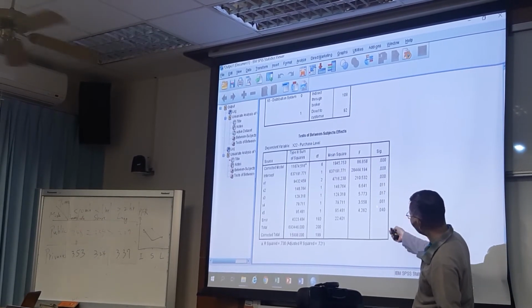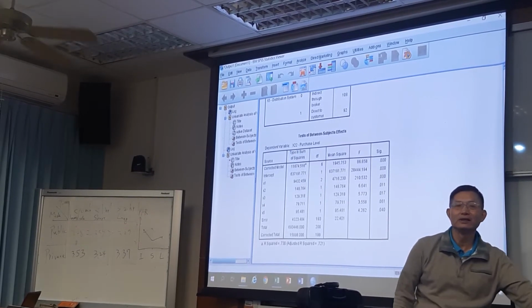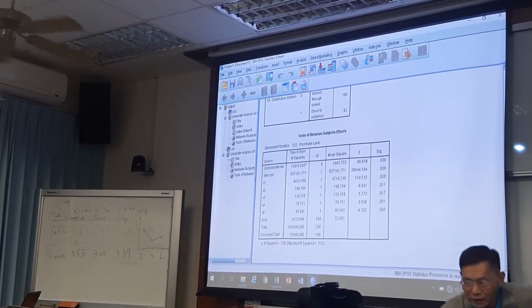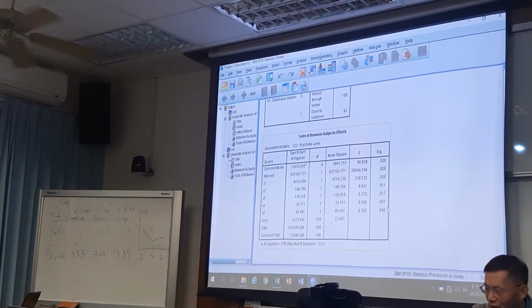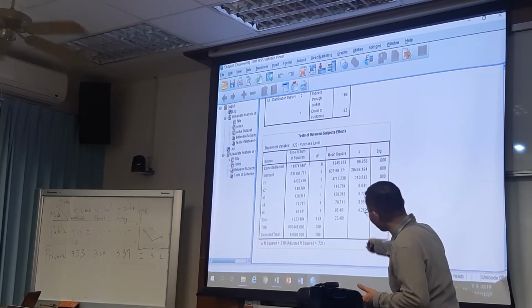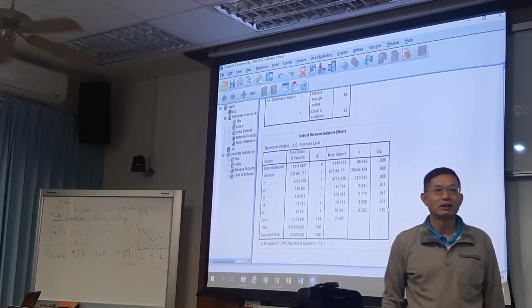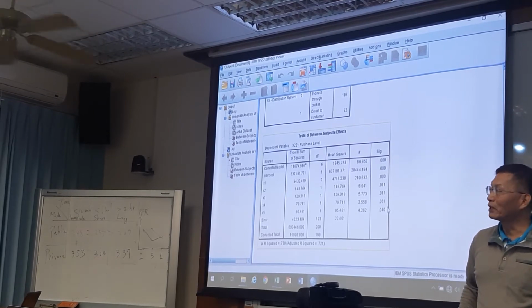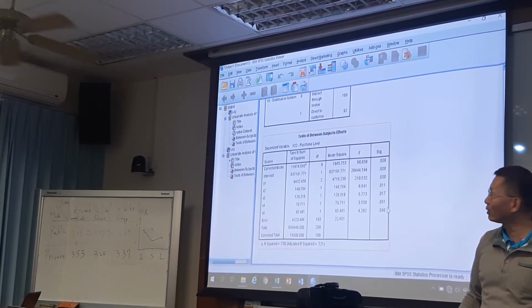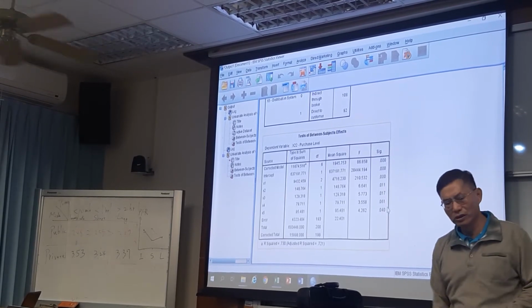Here X4 is not significant. We don't care about the sum square, we don't care about degrees of freedom, we don't care about mean square, we don't care about F, we only care about the p value, okay? So will you spend your time to learn how to calculate all the details? No, you don't. You just look at the output.